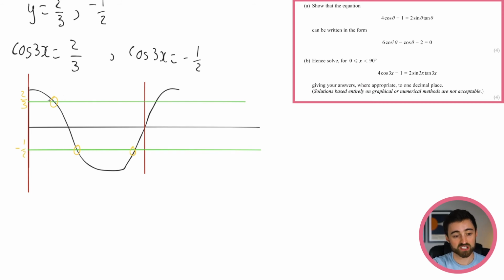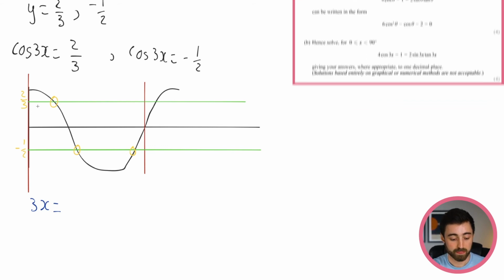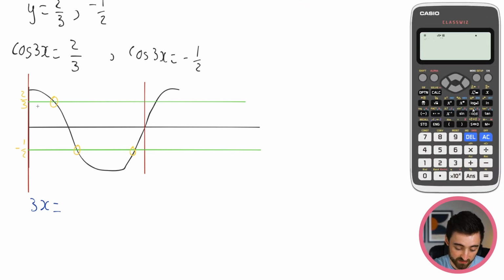Okay, so my first value for 3x is going to be, at this point I can just get my calculator out and do the inverse cos. Make sure you're in degrees and then do the inverse cos of 2 over 3. This is going to get me 48.189... That's cool.